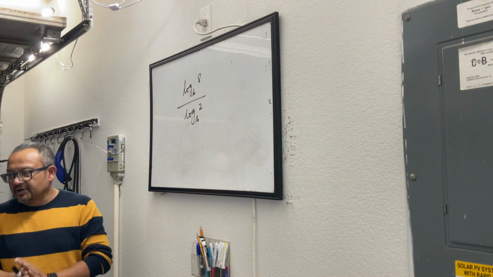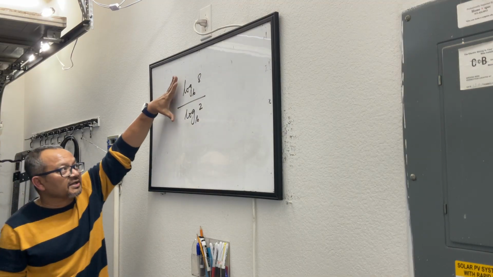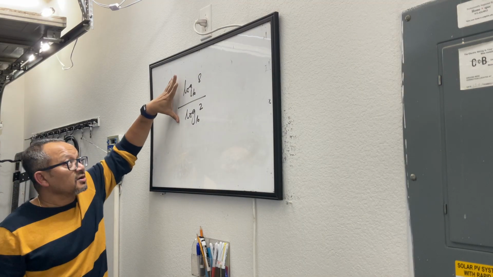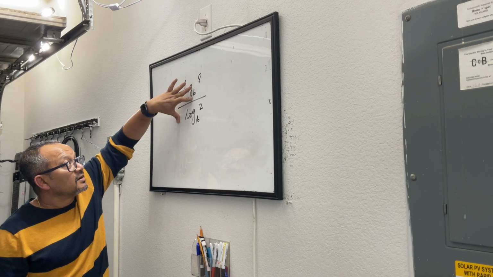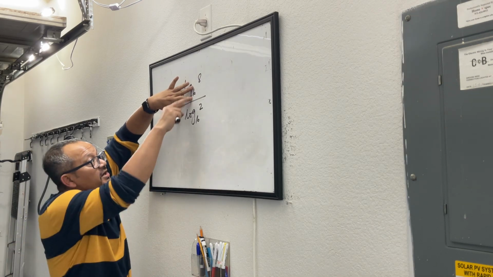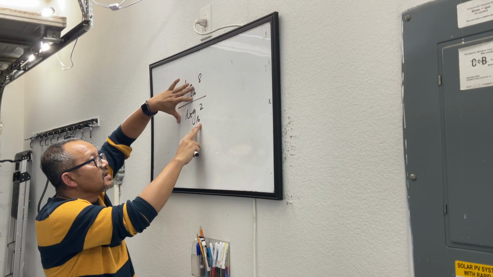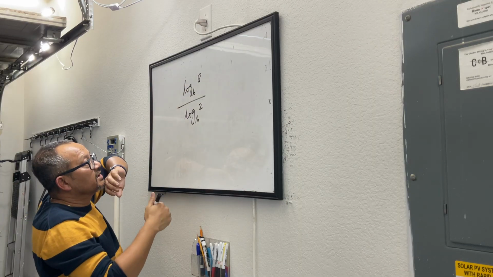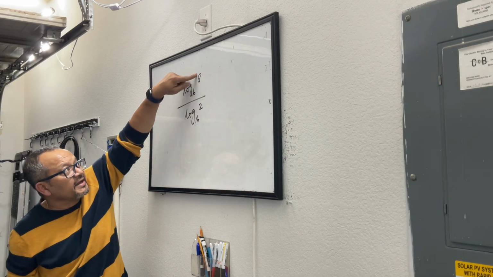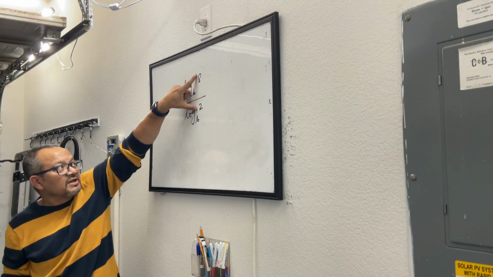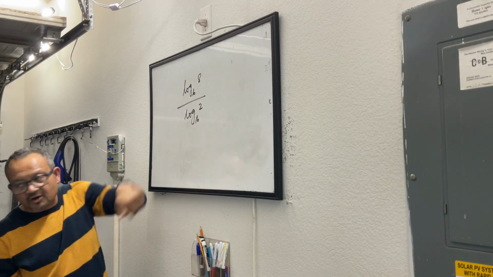When I have a situation like this, always remember you have this thing common here and here both. Since I have 8 and 2, what I will do is use 2 as a base for all of them.